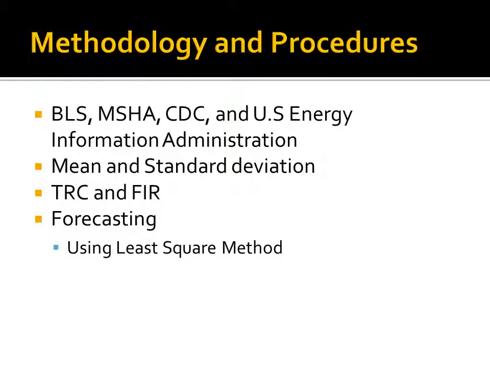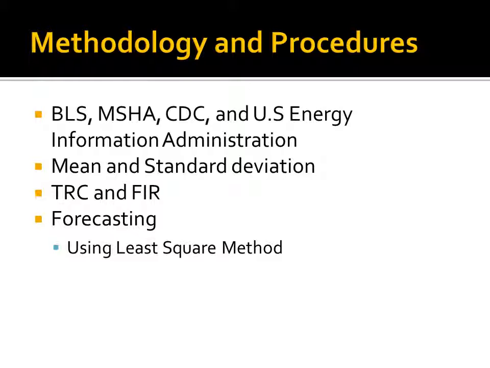So for my methodology and procedures, the data primarily used for my study was from the Bureau of Labor Statistics, BLS, from the Mine Safety and Health Administration, and from the Center for Disease Control and Prevention. The mean and standard deviation for total fatalities per year were calculated based on the data received from MSHA.